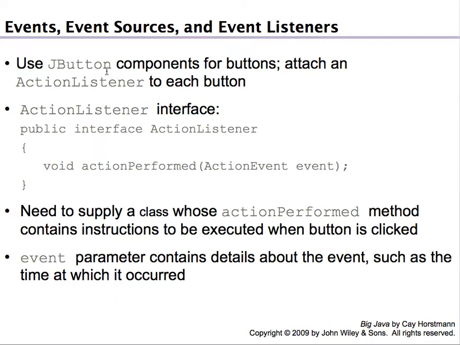The interfaces corresponding to each type of event follow this name; they will always have Listener at the end. If you go to the Java API documentation and look for interfaces that have Listener in them, you will see all of them. In the interface for the action event, there is one method, called actionPerformed.